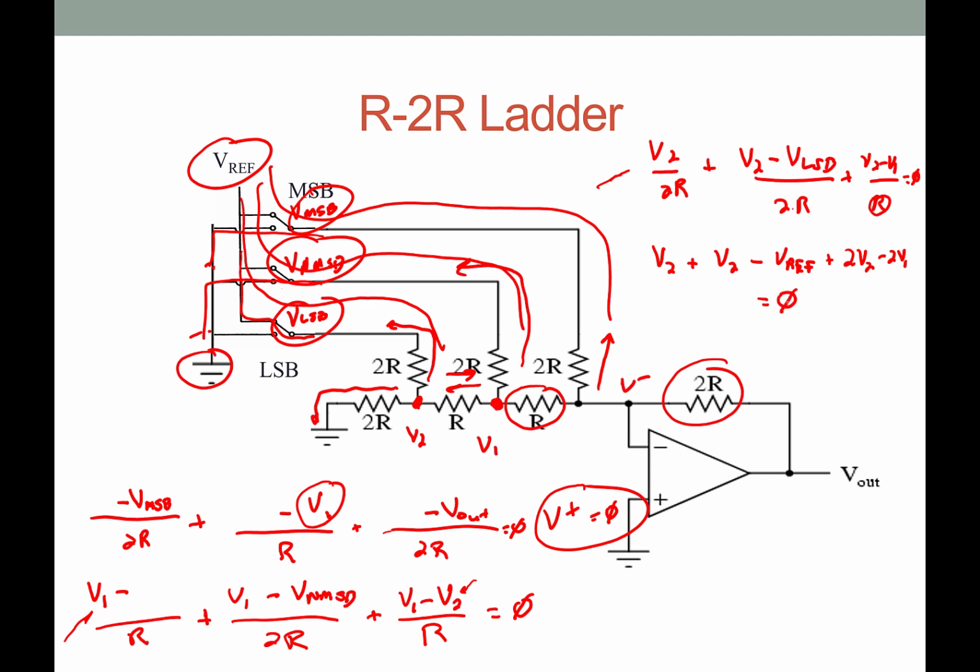Okay, so now I just have to do my addition. I'll have V2 plus V2 plus 2V2, so that's 4V2 equals 2V1 plus Vref.